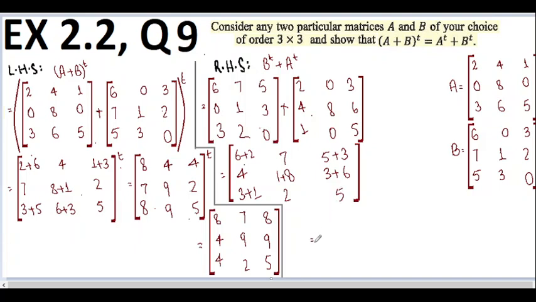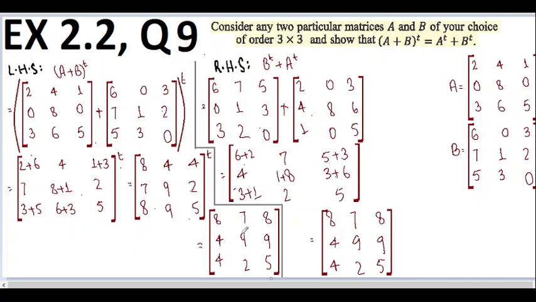Now we are going to write its final answer over here, which is going to be 6 plus 2, 8, then 4 as it is, then 3 plus 1 gives us 4, then 7 as it is, 8 plus 1 gives us 9, 2 as it is, 5 plus 3 gives us 8, 6 plus 3 gives us 9, and 5 will remain as it is.